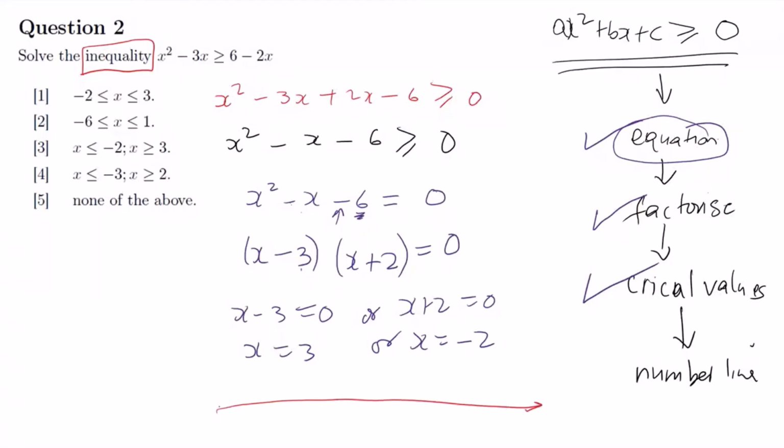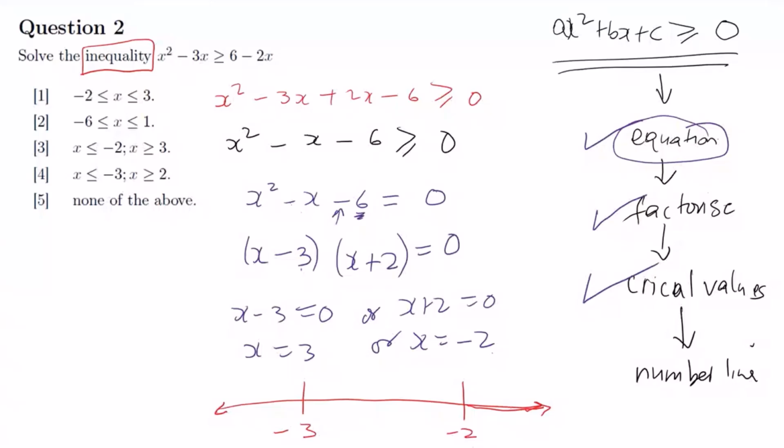Okay. In our number line, we write our critical values. Critical values is minus 3, and then this one is equal to minus 2. Okay. So you just choose any boundary. So let's look for any values that are greater than minus 2. Let's choose 0.